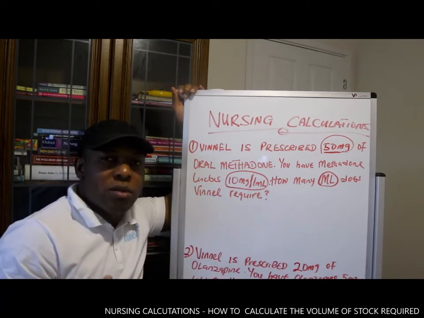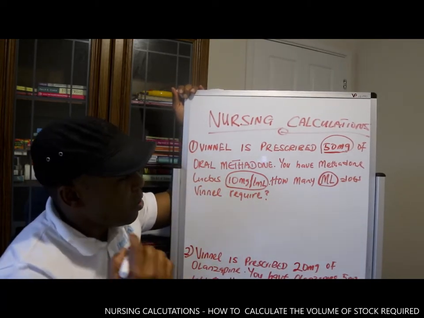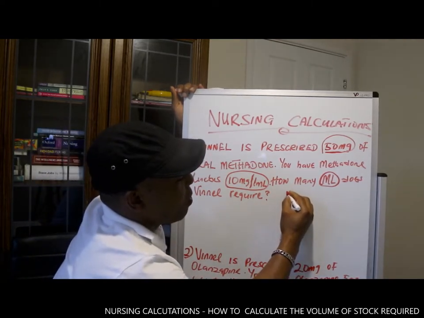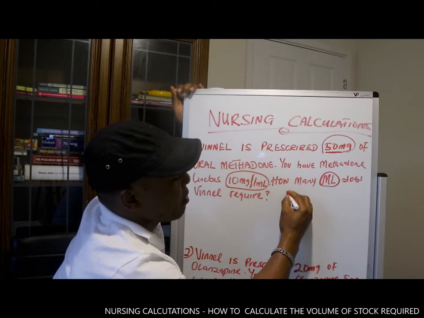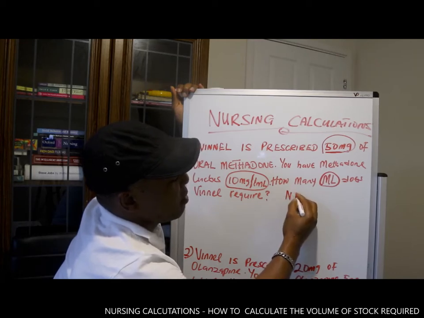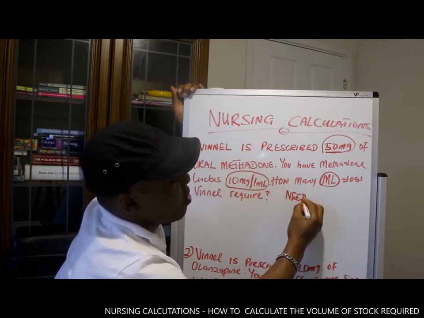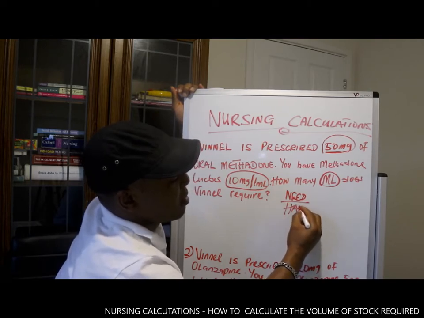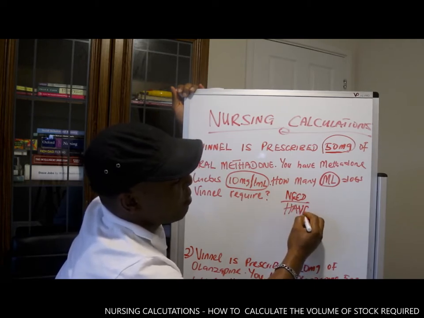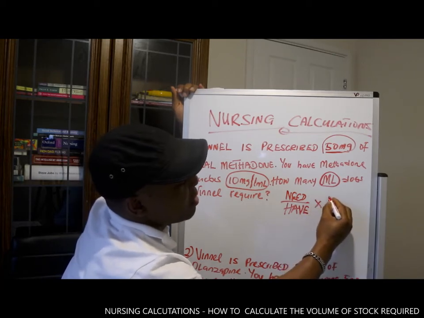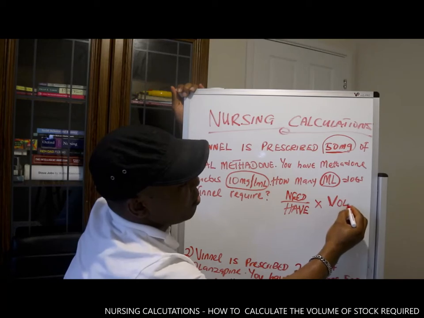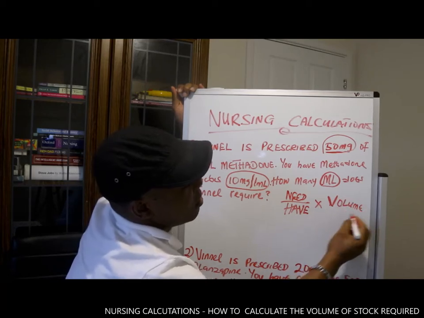To do this math, what you need is to understand this formula: what we need over what we have, times volume, over 1.